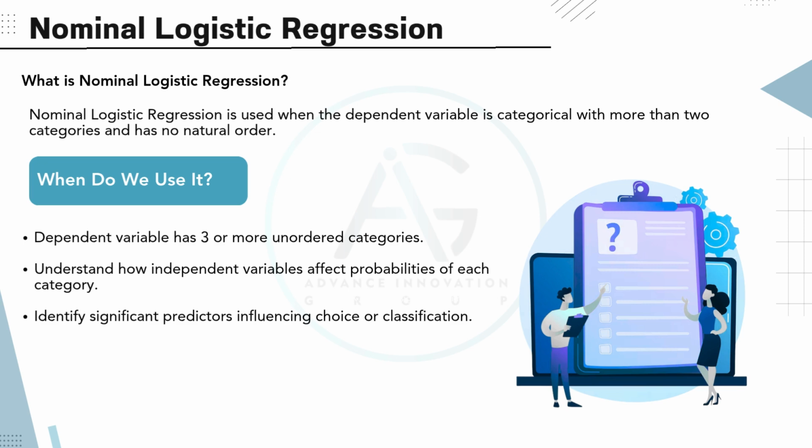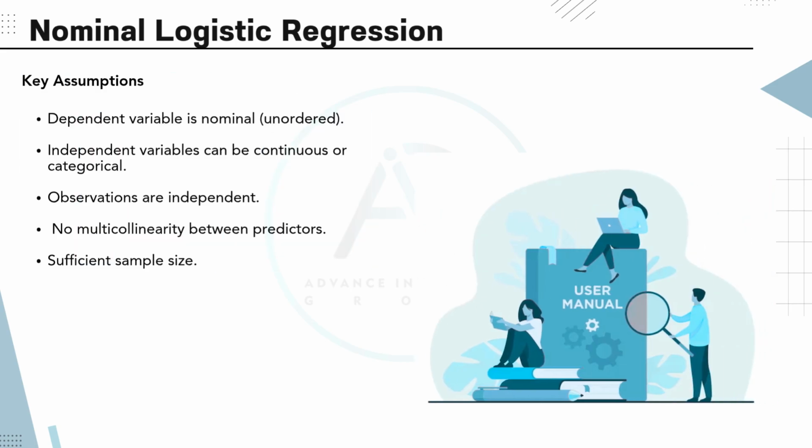This model is very useful when you're working on marketing studies, customer choice modeling, or healthcare diagnosis classification, where the outputs are labels and not ordered scales. It's important to remember that nominal logistic regression builds a set of equations for each category and compares them against a reference group. Let's now talk about the key assumptions of nominal logistic regression.